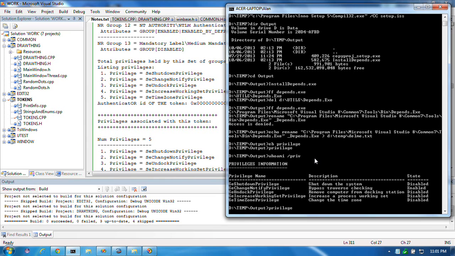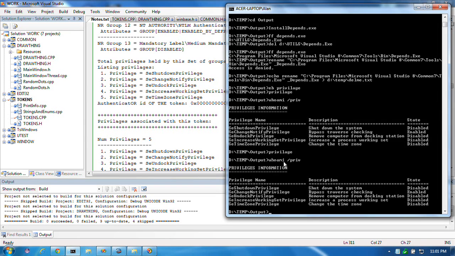Well, you say whoami /priv, and it gives you a description. Shut down the system, whatever this is. Remove computer from docking station, whatever that is. No idea what that is. Change the time zone. Those are all of my privileges.